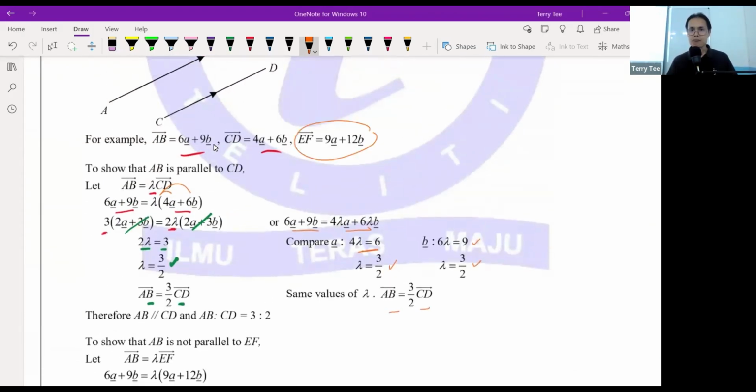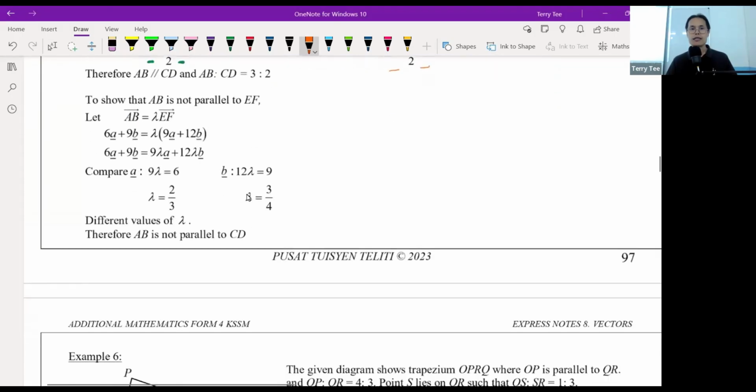EF is given. Now, if I want to show that AB is not parallel to EF, you notice I sub inside like just now, but this time I cannot factorize this. If you take out 3, you're left with 2A plus 3B.